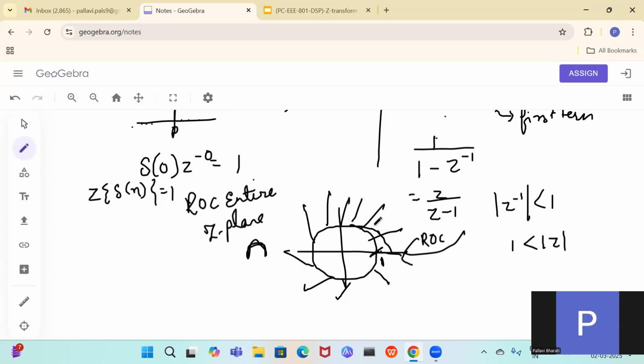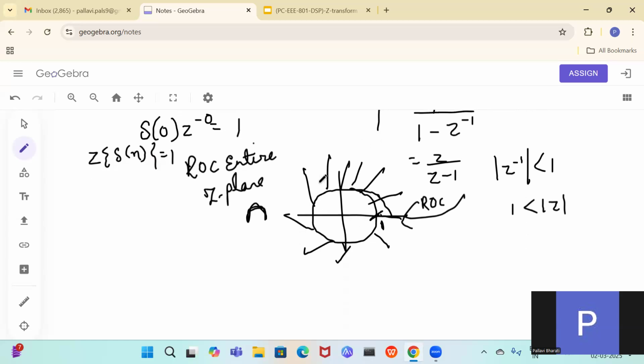That is, the final ROC will only be the outside of the |z| equals 1 unit circle. So this is going to be your final ROC, the intersection, outside of the unit circle, the outside of the unit circle that we have drawn.